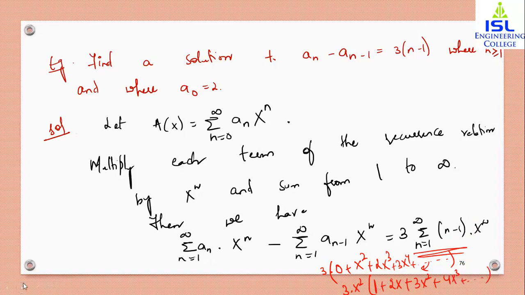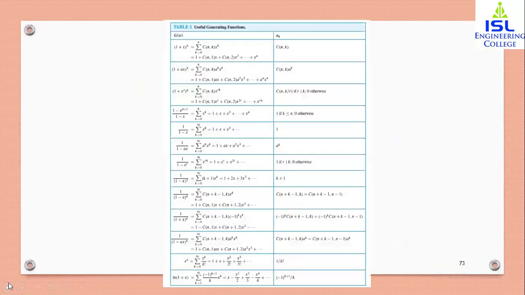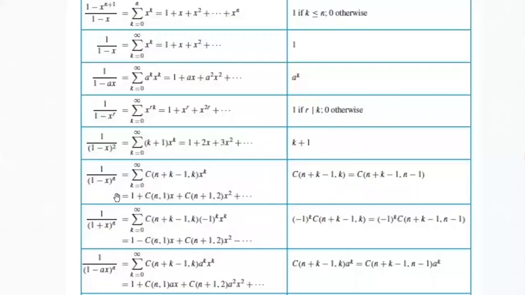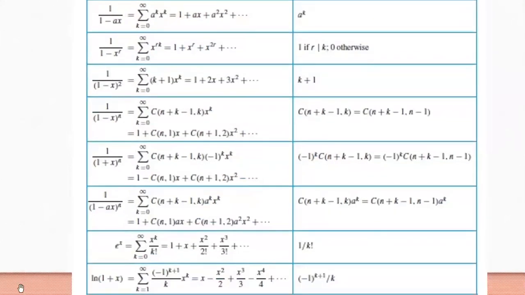Now instead of this infinite series, I have this formula table which has been given in your textbook also, so please look for the table. Instead of 1 plus 2x plus 3x square plus 4x cube and so on, I can replace it by this formula, 1 by (1 minus x) whole square. So instead of that entire series, I am replacing it by 1 by (1 minus x) whole square.